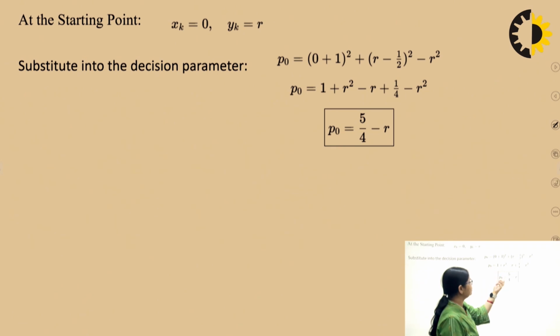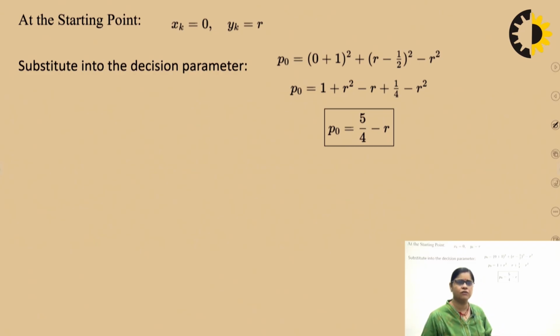p naught is equal to 5 by 4 minus r, right? We are taking 5 by 4 minus r, or we can take 1 minus r, because if you divide 5 by 4, it will come as 1 point something, and we are never taking the values in floating point.